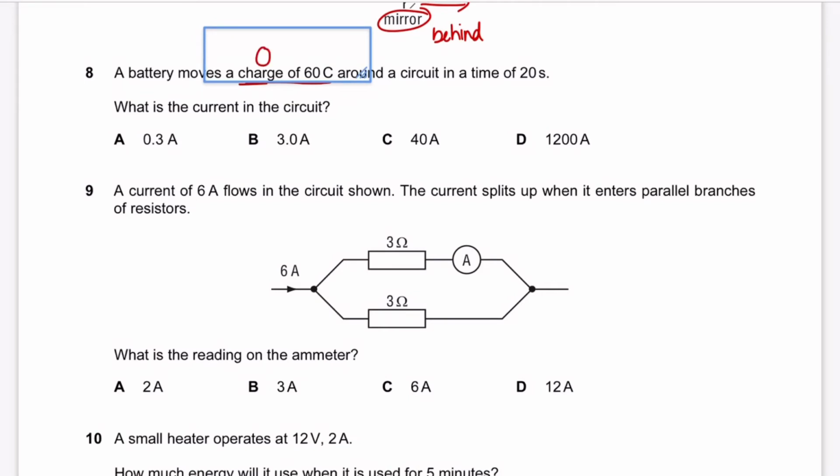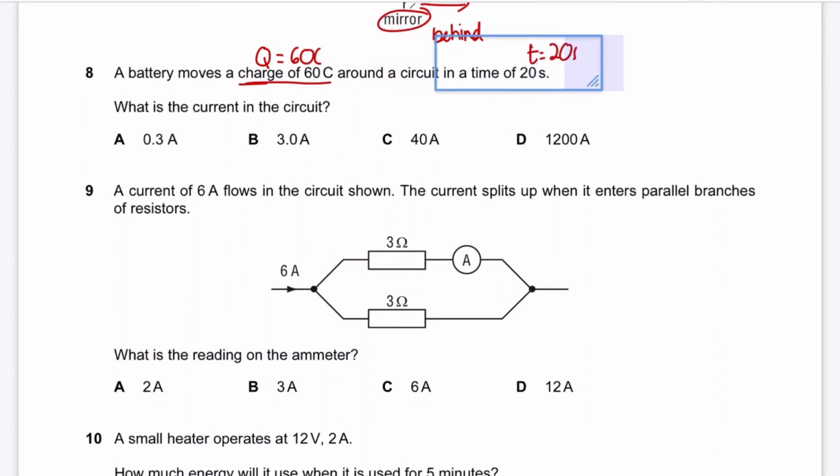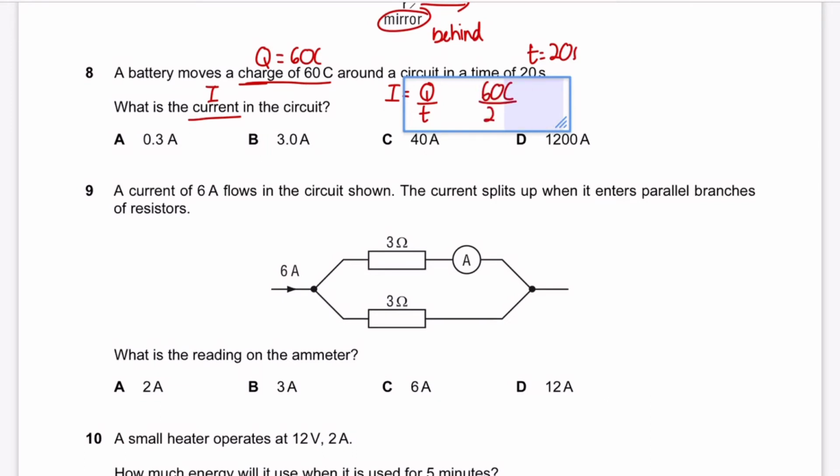Charge is denoted by Q, which is 60 coulomb, and the time here is 20 seconds. Question asks the current, which is the I. So we can all use the formula I is equal to Q divided by T. When you substitute this Q and T, you have 60 coulomb divided by 20 seconds.